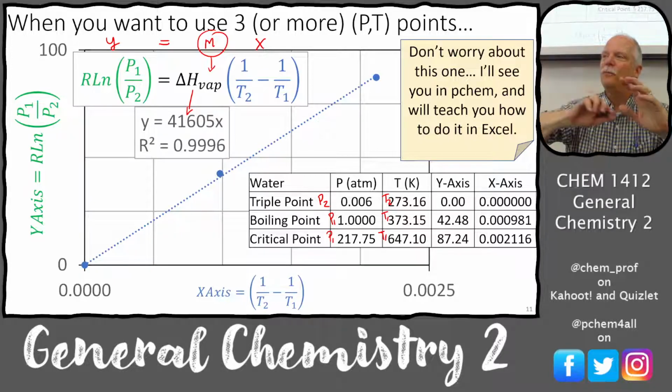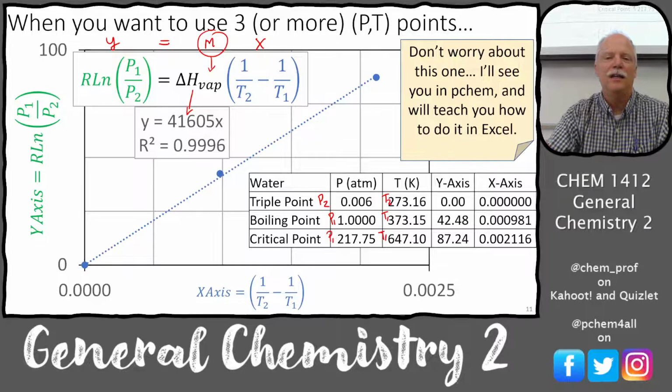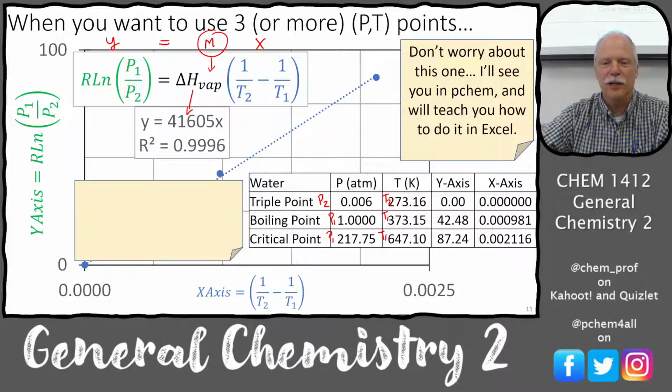So if we had lots of P and T points for a gas, we could really accurately calculate the enthalpy of vaporization. And don't worry, you'll see this in PChem in 2 or 3 years. But I just wanted to show you what you would do if you had 3 data points instead of just 2. You would just use statistics and calculate this with the average value.